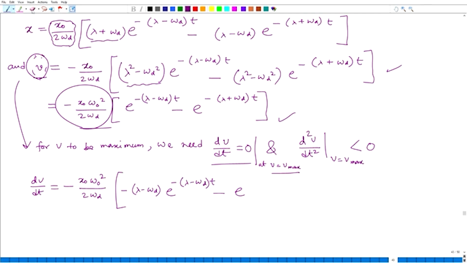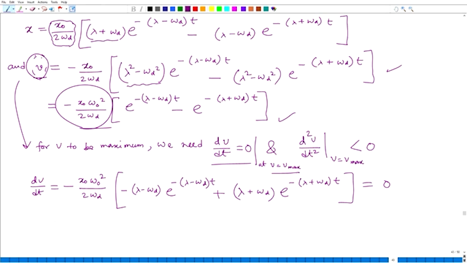So yeah, we have to take again this. Okay. So, there will be a minus again will come. So, it should be plus lambda plus omega d times e to the minus lambda plus omega d t. Okay. And this is equal to 0 for some velocity value, which is V max, that we can say.